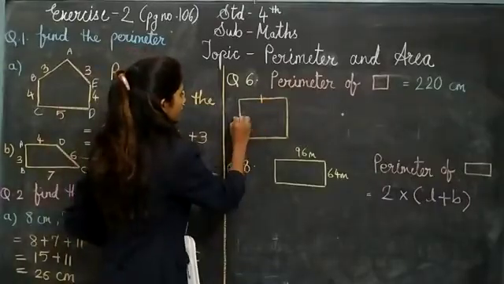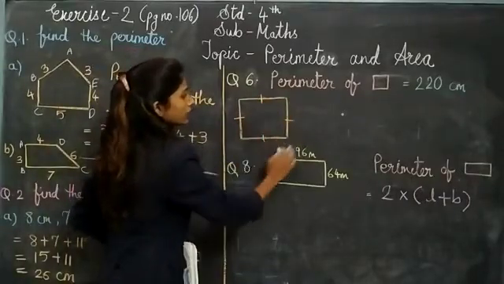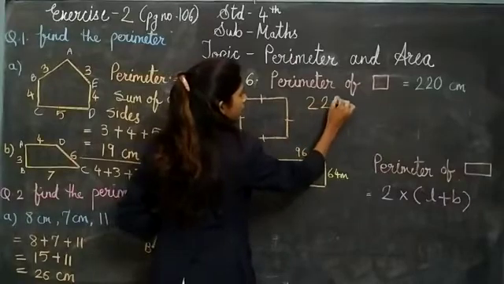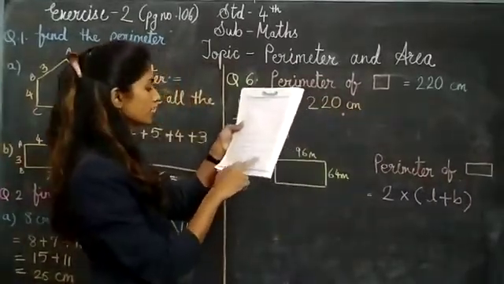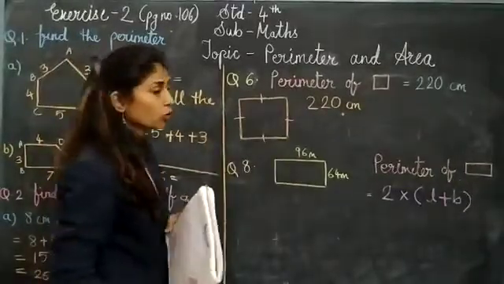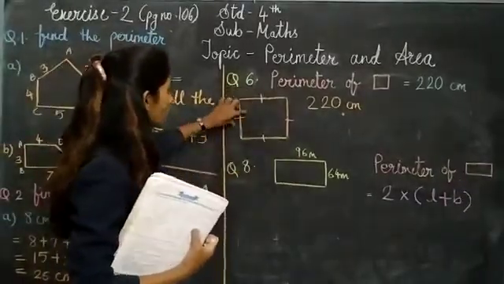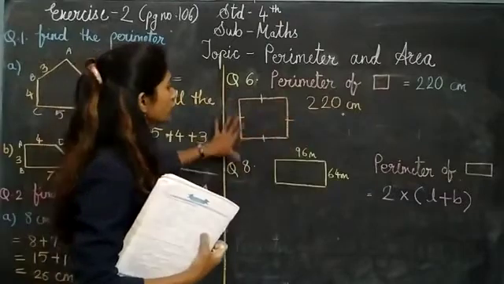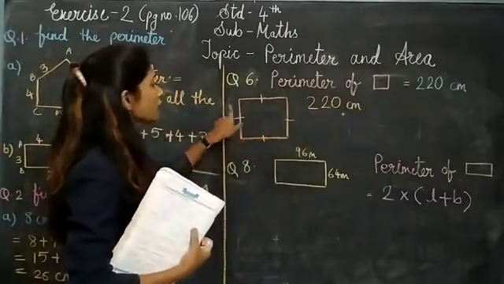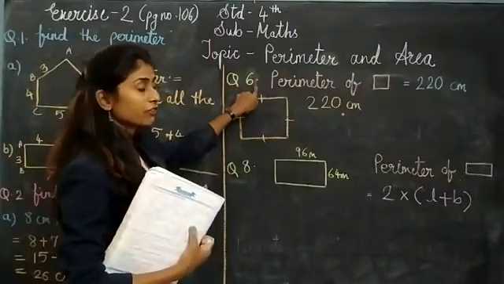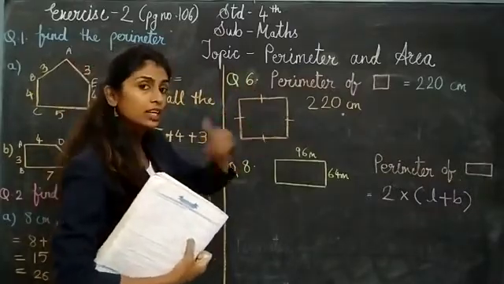It means this side, this and this together become 220 centimeter. We have to find the length of each side of the square cloth. In the question they have asked what is the side of that cloth.